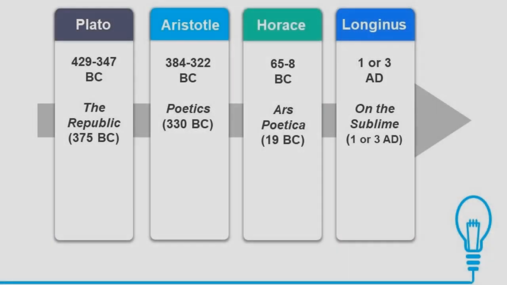Let us also look at the time period during which these critics lived and wrote. Plato lived during 429 to 347 BC, and his most popular work is The Republic, which came out in 375 BC. Aristotle lived during 384 to 322 BC. His popular work is Poetics, and that came out in 330 BC. Horace lived during 65 to 8 BC, and his work is Ars Poetica, which was later translated into English as The Art of Poetry.